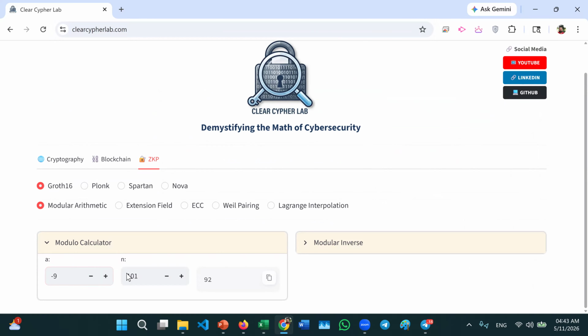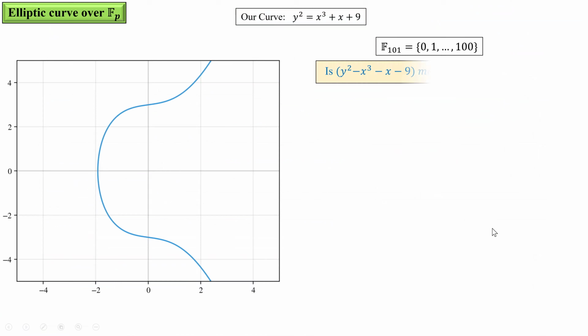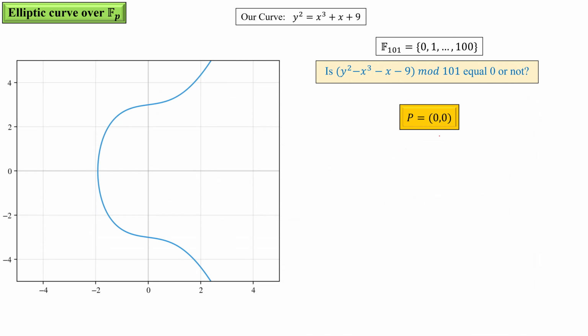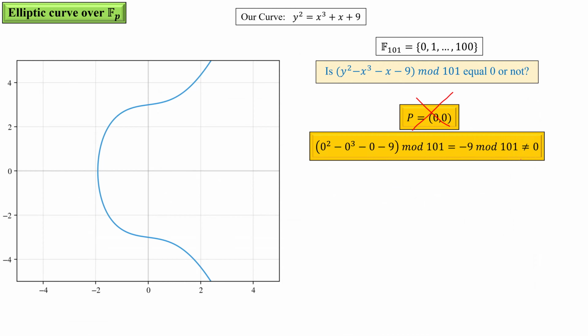And you will see that minus 9 mod 101 equals 92. Okay, since the value does not satisfy this equation, we say that the point 0 and 0 is not accepted. Okay, so let's review another point.